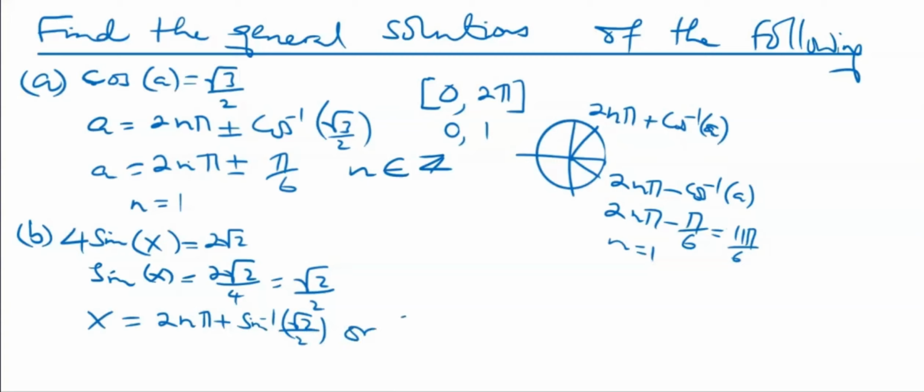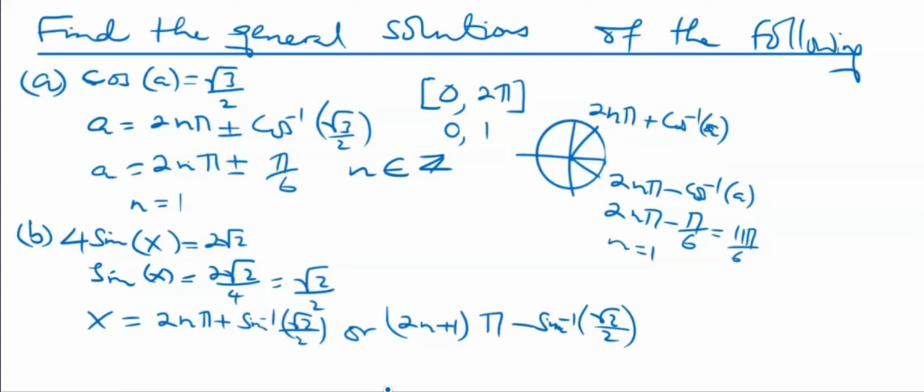Or it's going to be 2n plus 1 pi minus sine inverse square root 2 on 2. So that's my general solution. Sine inverse of square root 2 on 2 is a quarter pi.